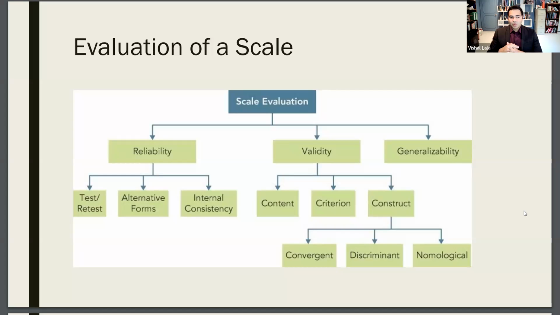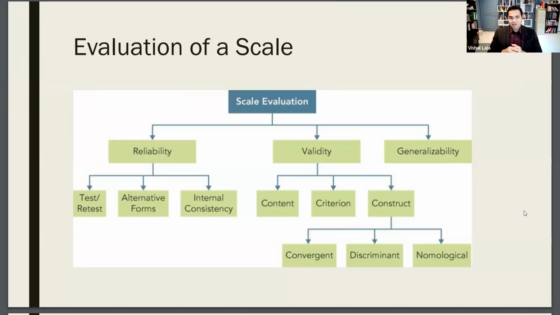So when you step on a weighing machine to check your weight, you might measure once and then feel a bit unsure about whether that number was the right number or not. You might then step on the scale a second time and a third time. To the extent that the numbers are pretty much in line, the scale is reliable. In this case, the weighing machine is reliable. Thus, reliability is a measure of consistency of the scale.